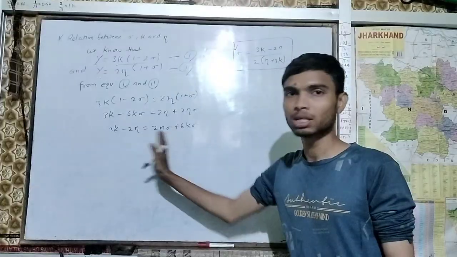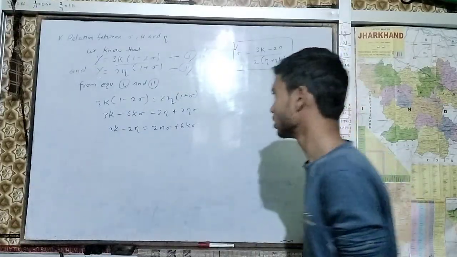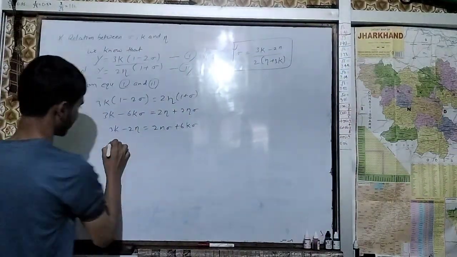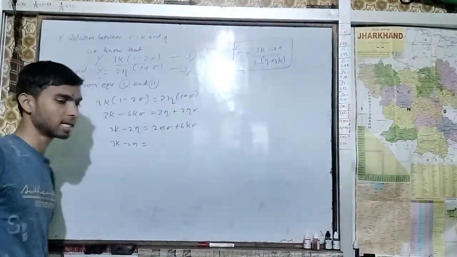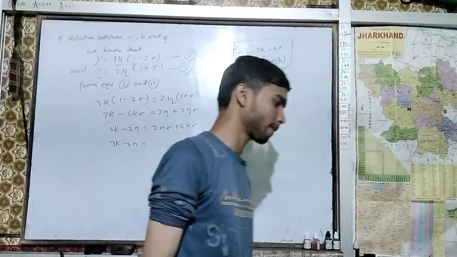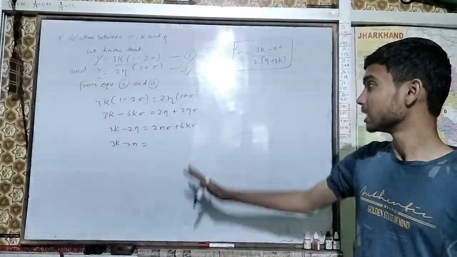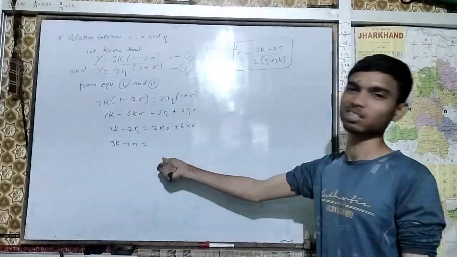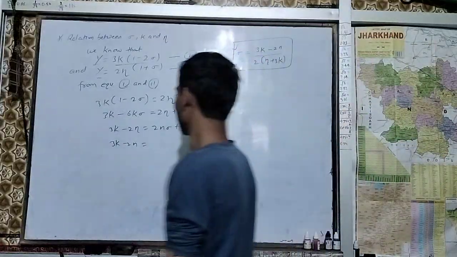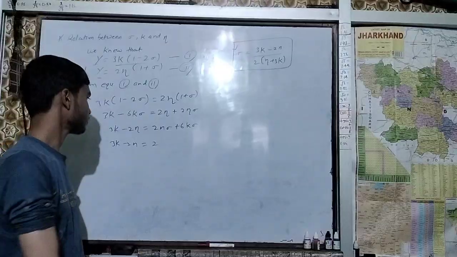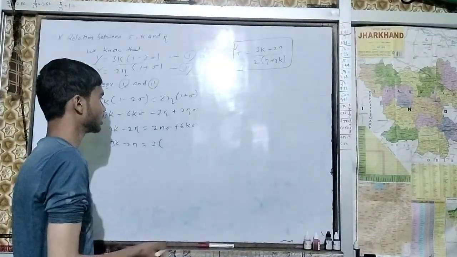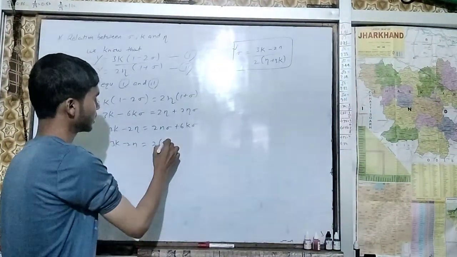There is no need to modify it. It should be as it is: 3k minus 2η. So if this is LHS, this should be RHS. Over here, 2 will come out, as 2 ones are 1 and 2 threes are 6.